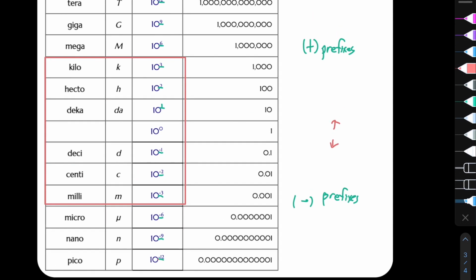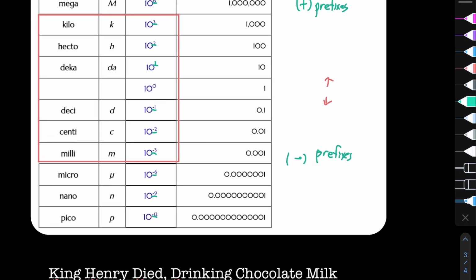K would be kilo, H would be hecto, D would be deca, and then going on now to the negative side, deci would be D, C would be centi, and M would be milli.